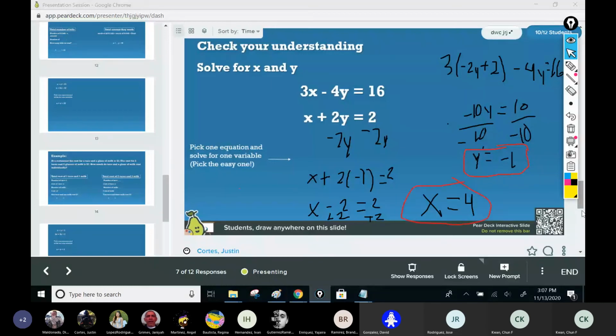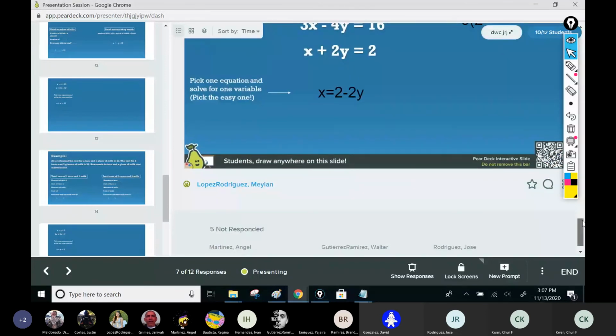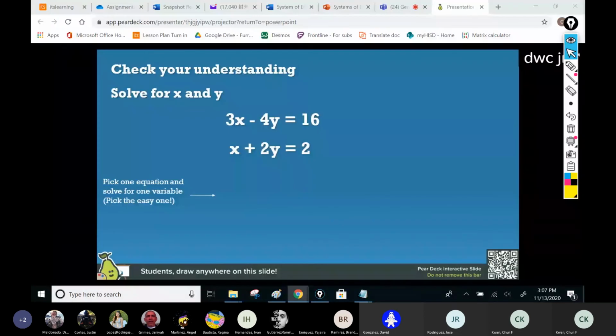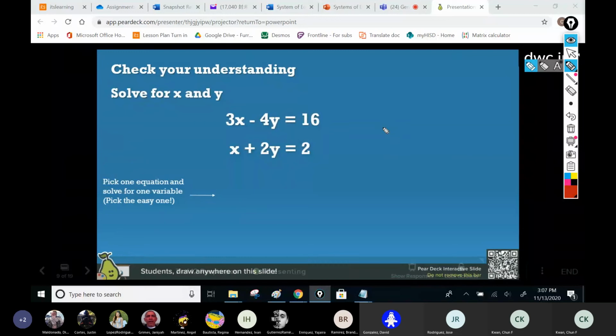Almost everyone who gave it a try got the correct answer. I know it's a lot of steps, but just slow down a little bit, all right? Wait, so do you add the twos? No, you don't add the twos. They are not like terms. Don't add them.